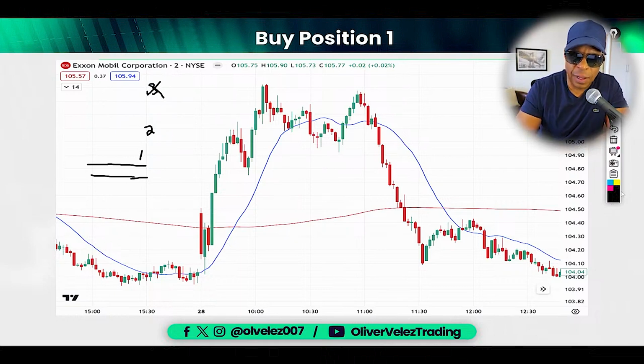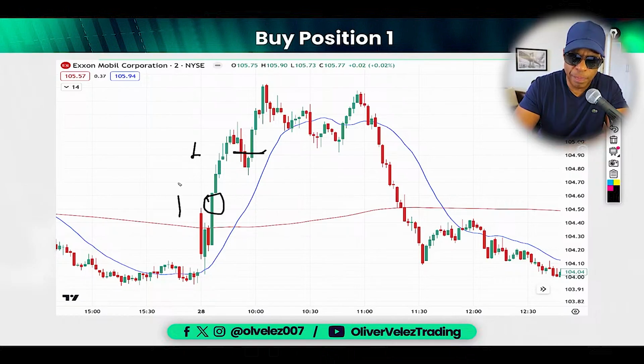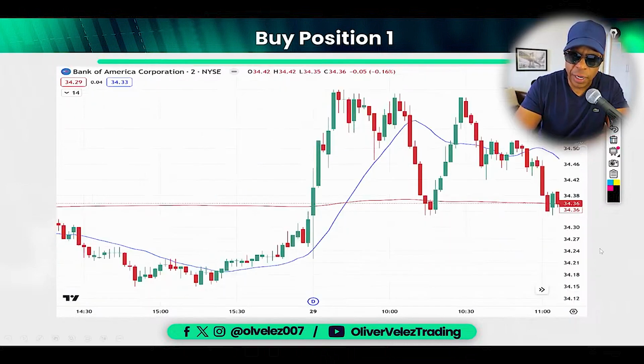Okay? Same thing on the downside. Position 1 is good, position 2 is good, but position 3 is not good. So I need you acting in position 1 and 2. Here is a buy in position 1. Okay, here's a color change buy in position 2. That's fine. Okay, now let's go here.